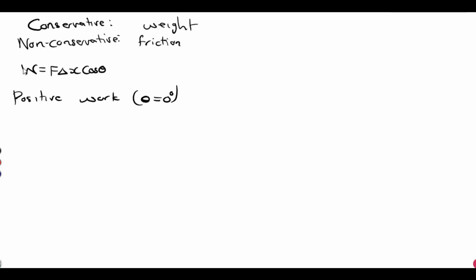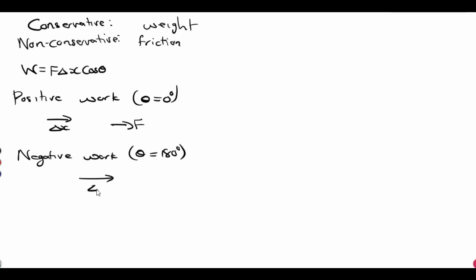And then we said for positive work, you must know that delta x and the force itself are moving towards the same direction. Then we had negative work. For negative work, we said theta is equals to 180 degrees now, whereby the change in displacement and the force now are in opposite direction but are still parallel to each other.